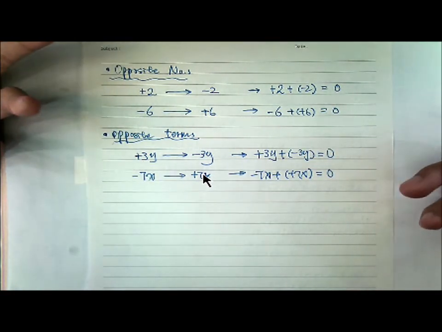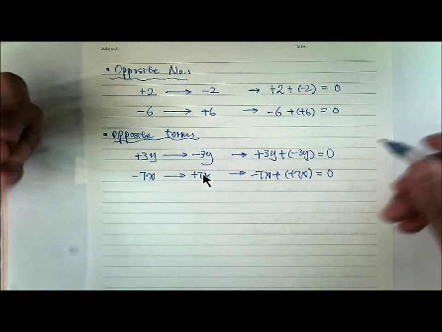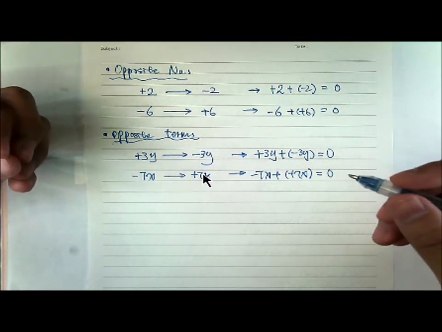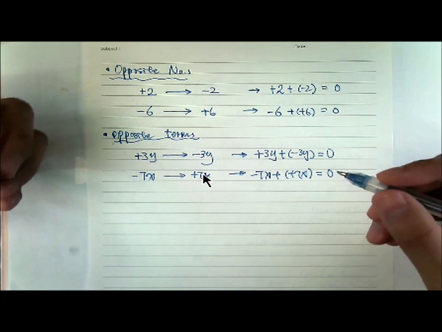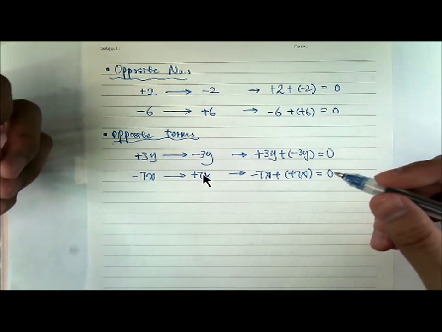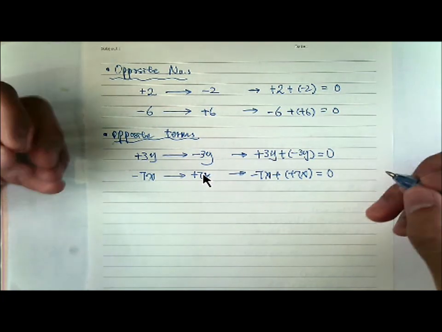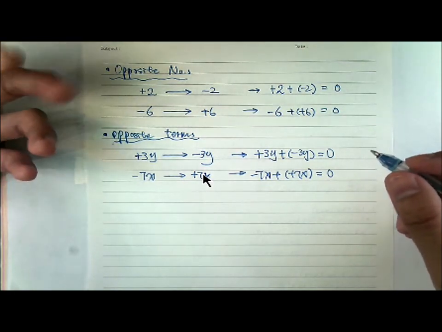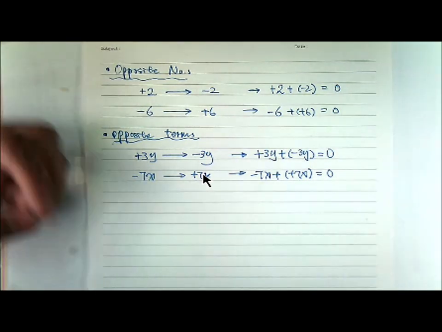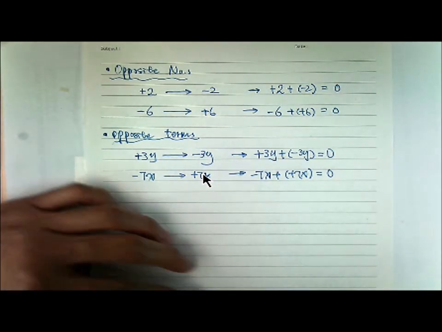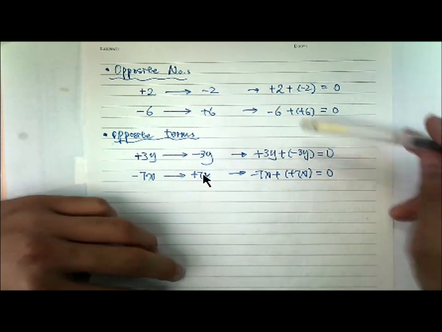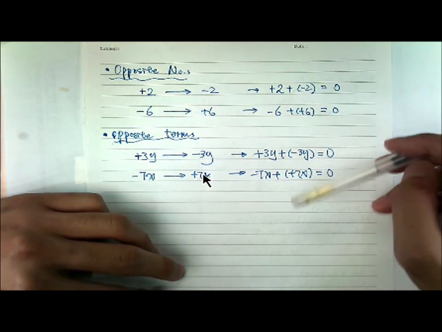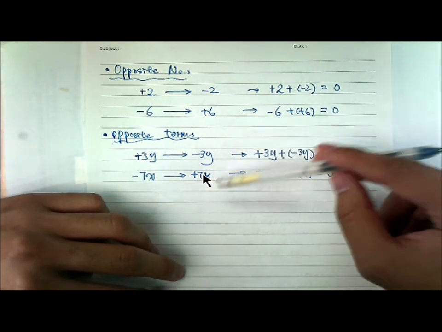It is very convenient, and you can just write nothing there. So the elimination method just involves adding the opposite terms.